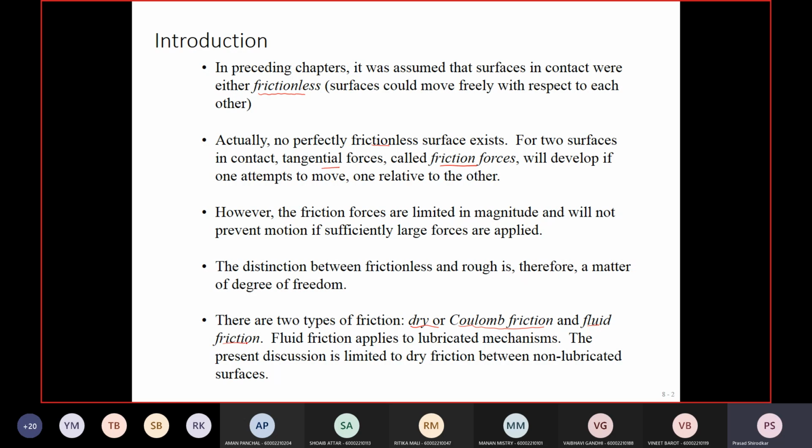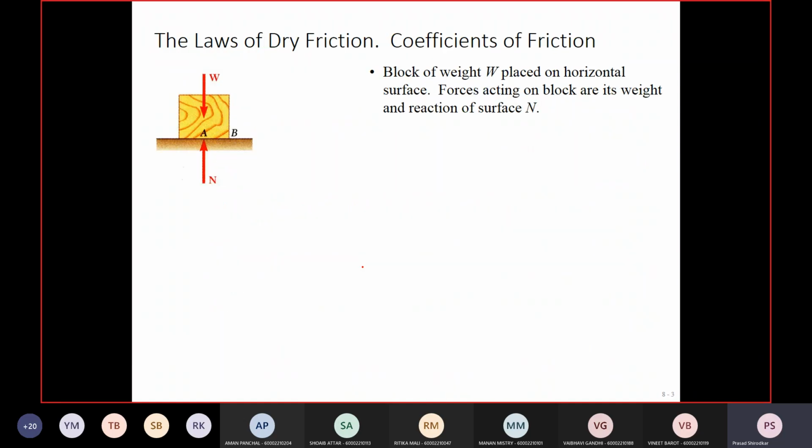Fluid friction applies to lubricated mechanisms such as bearings and shafts. The present discussion is limited to dry friction, so we will be only dealing with dry friction between non-lubricated surfaces. Let us discuss the various laws of friction.